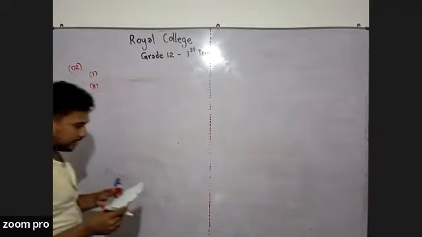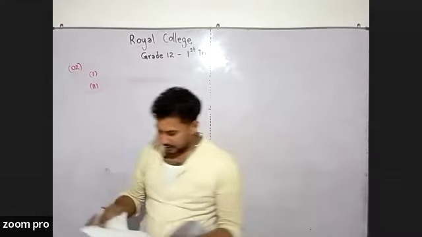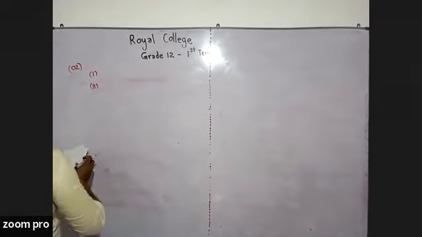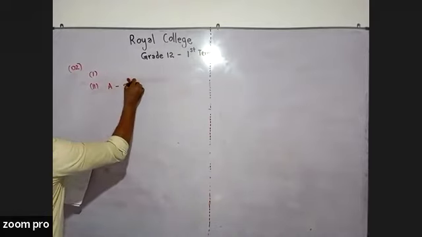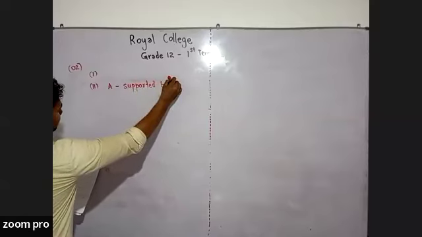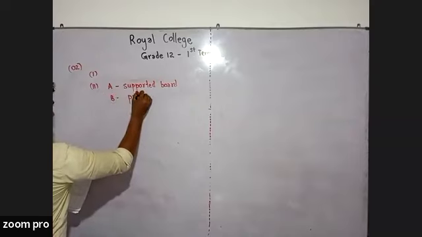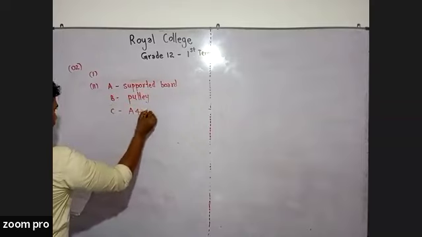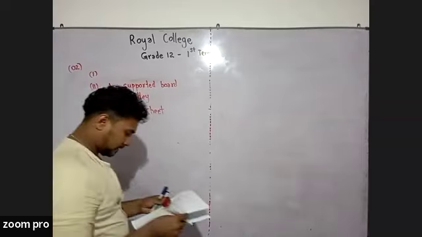Second one, name ABC parts of the figure. A means the supported board, B means pulleys, C means A4 sheet.